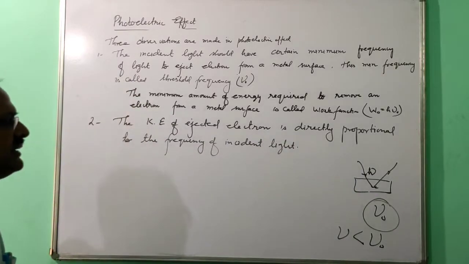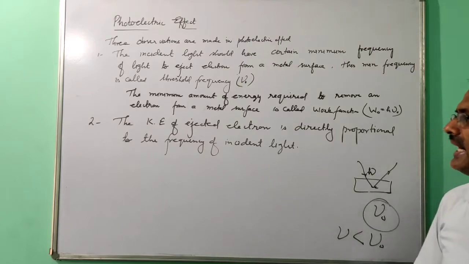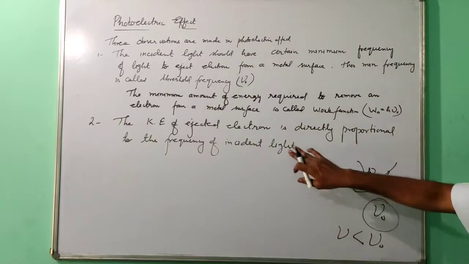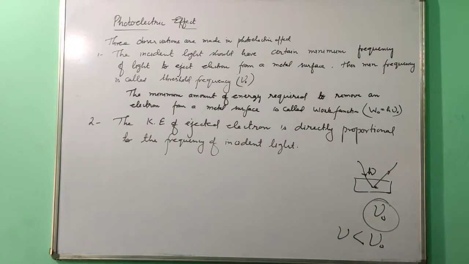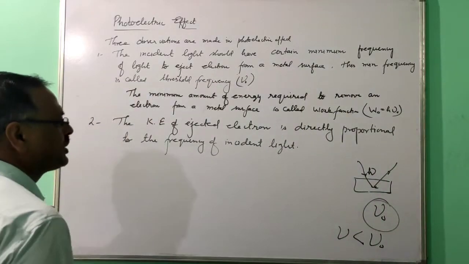The meaning is that when you increase the frequency of the incident light, the kinetic energy of the ejected electron will increase. It is directly proportional to the frequency of the incident light, and it is independent of the intensity of the light.